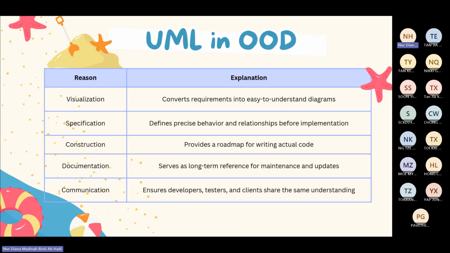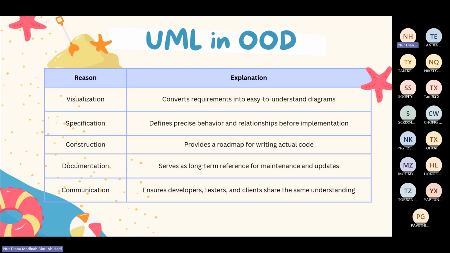So actually, when you have all of these diagrams well structured, you have already done half of your code. Especially when you already have your class diagram, it actually gives you half of the code already.